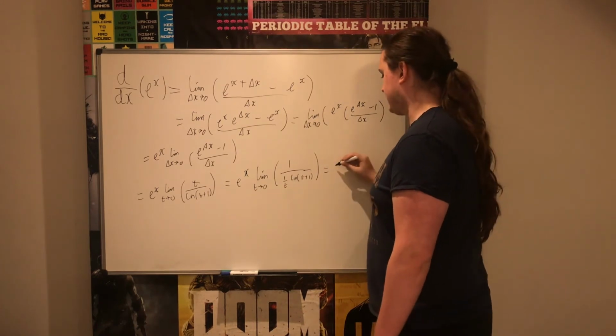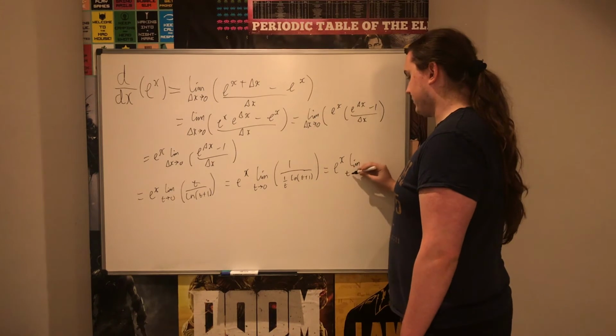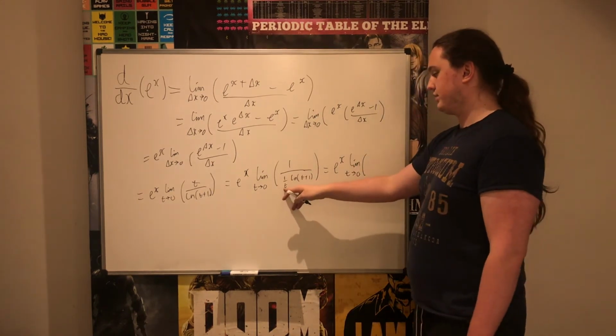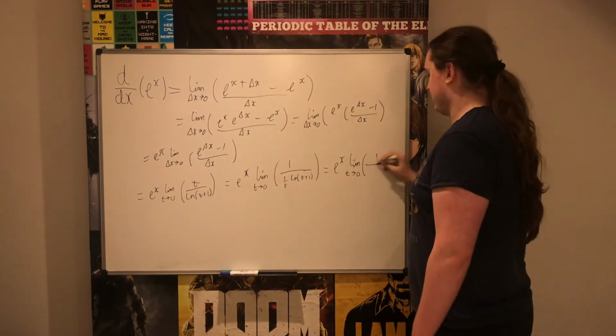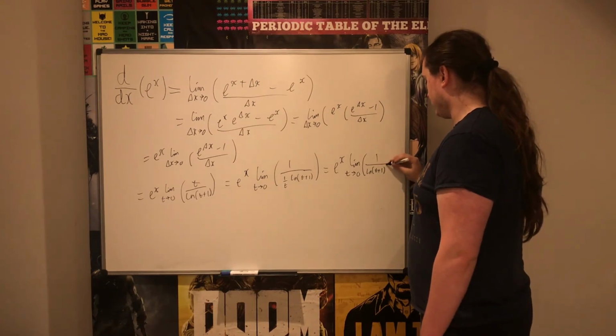And now we're going to use the power rule to raise t plus 1 to the power of 1 over t. So this is 1 over ln of t plus 1 to the 1 over t.